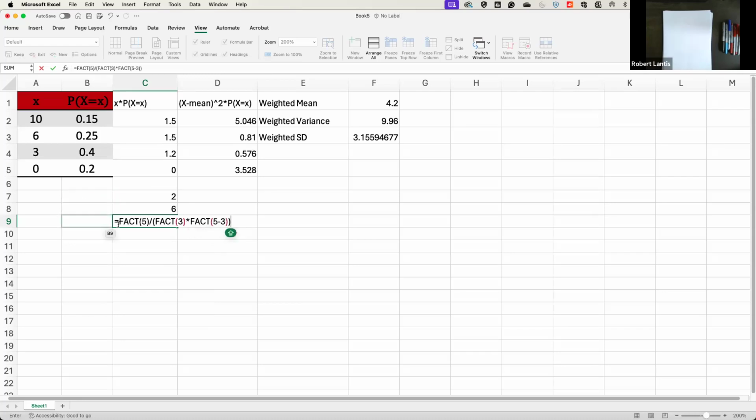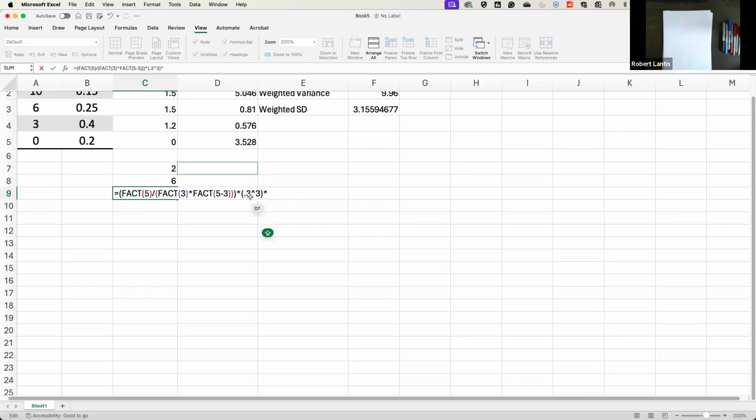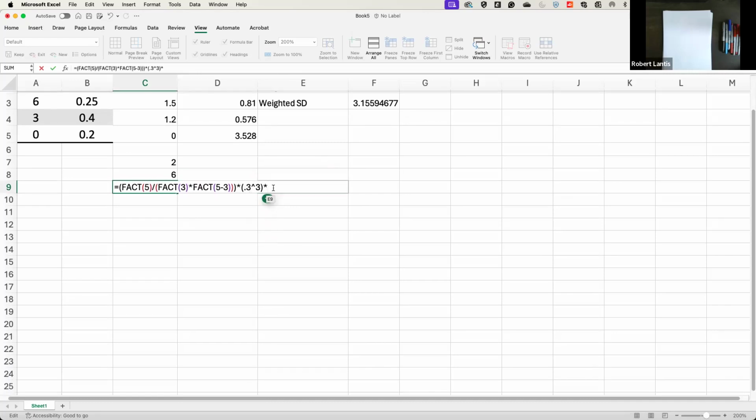I then want to take that entire fraction, multiply it by the probability that they had a college degree, which was 0.3 to the x, which was 3, and then multiply that by 1 minus the probability of success.